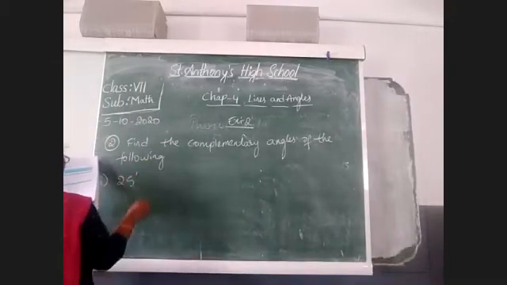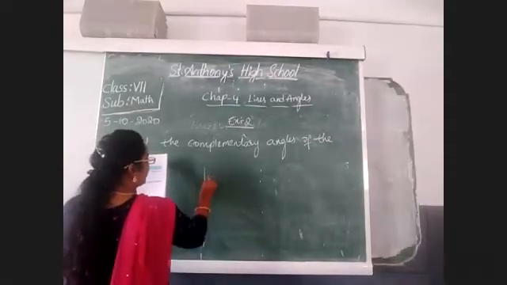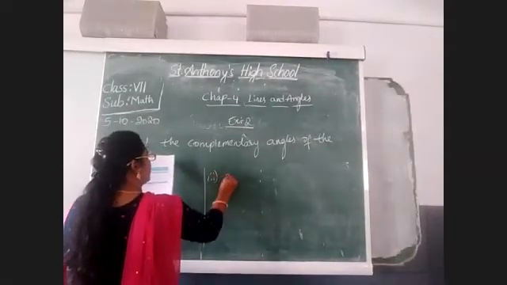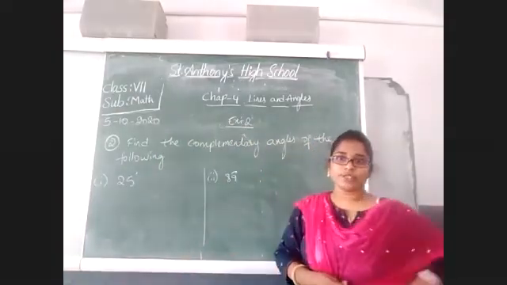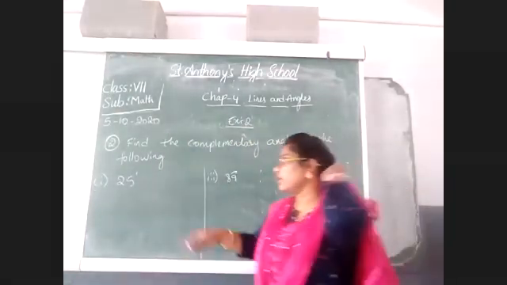First one is 25, second is homework. Again, I'm going to explain the fourth one, we have to do. So odd number questions I was explaining, even number questions you have to do. Clear?